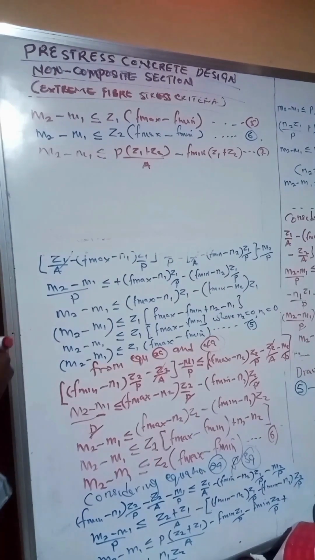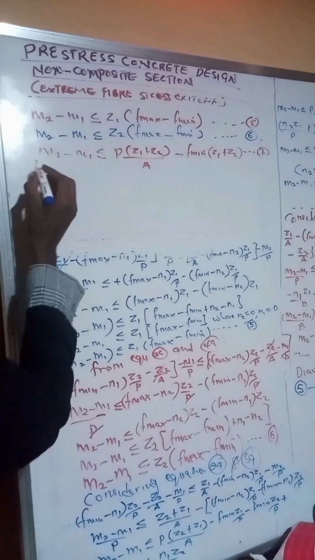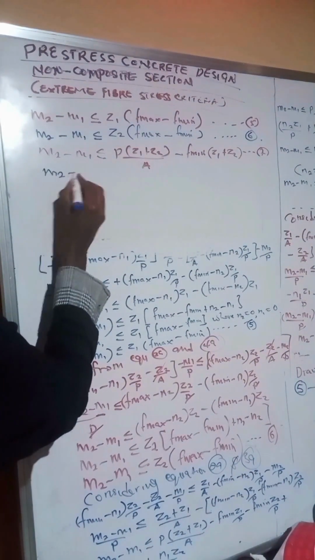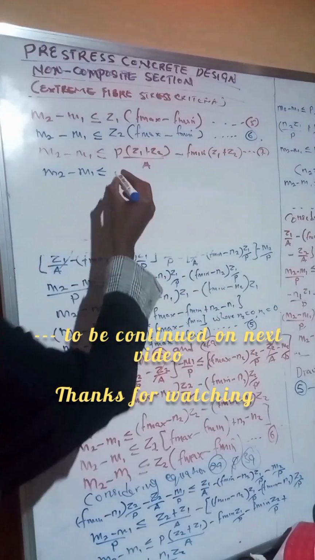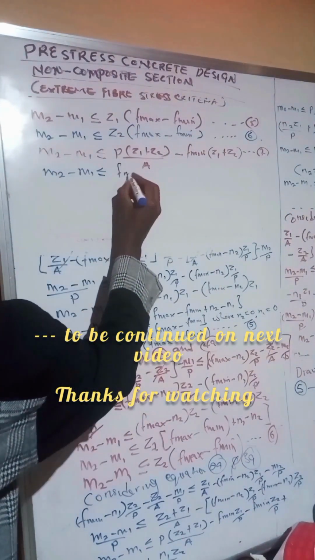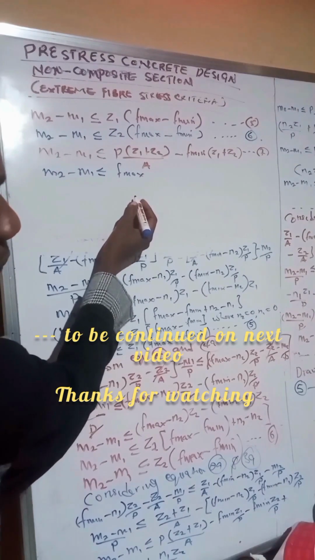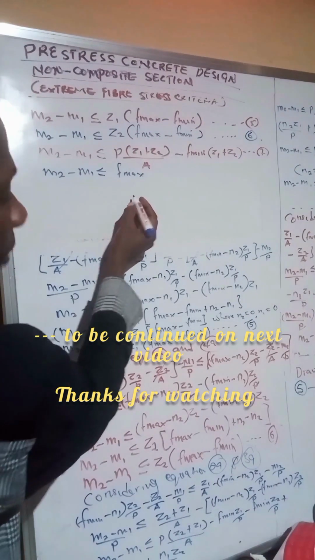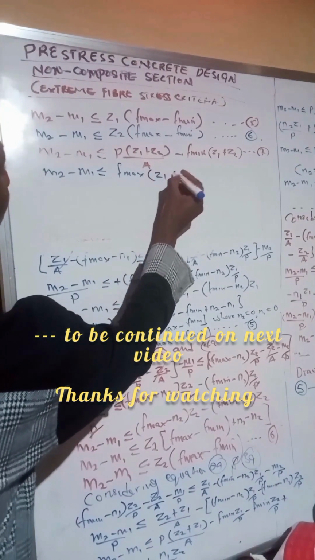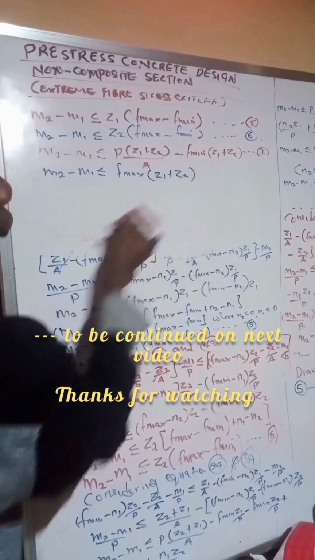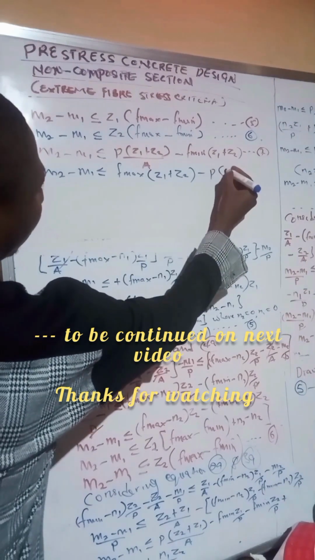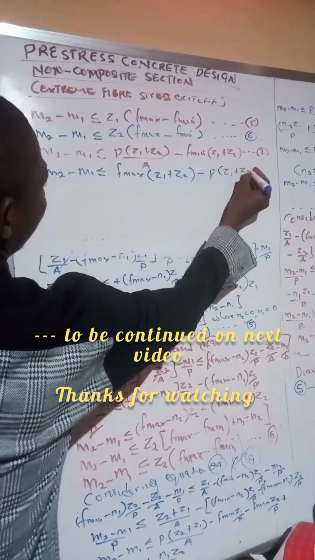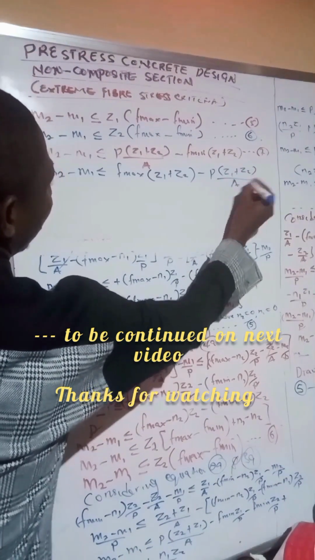We'll have equation 8 as m2 minus m1 is lesser than f maximum bracket z1 plus z2 minus p bracket z1 plus z2 all over a.